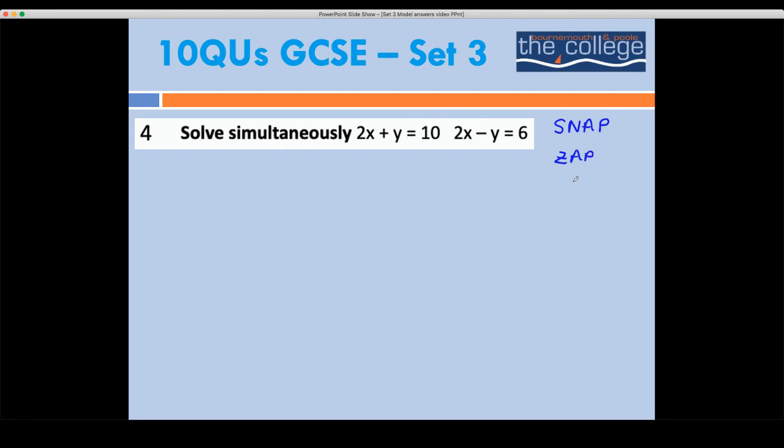And then once we've zapped them, we are going to then use a substitution method. And then finally, you'd be very sensible, very wise to do the check to make sure both our x and y values work. So say looking for a snap, we're looking to have matching x terms.